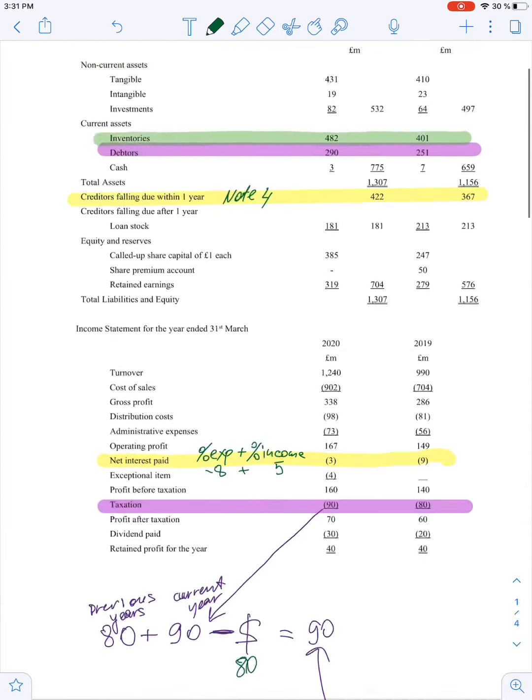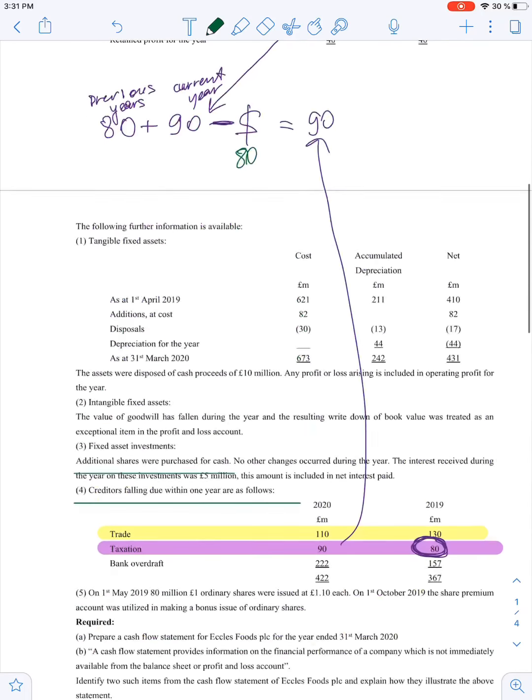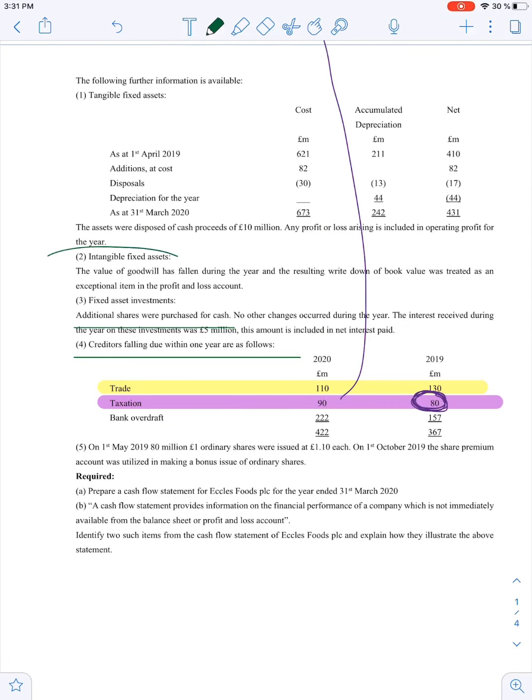As for intangible assets, within the non-current section we have considered tangible purchase and sale, and investment purchase, and no sale was recorded, as it says in note 3. But intangible assets are described in note 2. We can see the fall in valuation by 4. And note 4 tells us that intangible fixed assets decreased in value because the goodwill was impaired, and that was treated as an exceptional item in the profit and loss account.